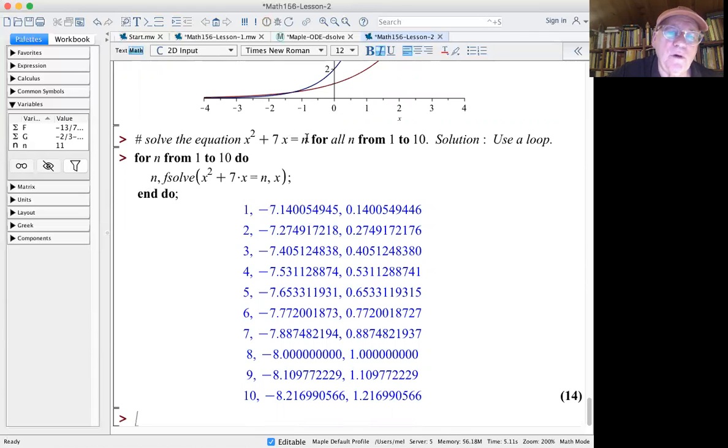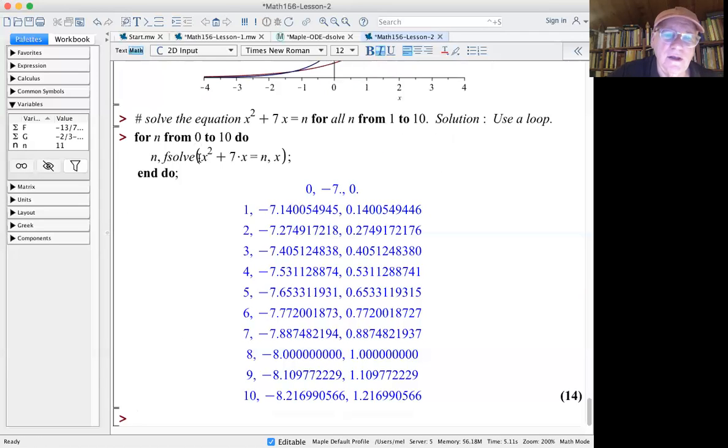So when n equals 1, it's this. Actually, let's just check. If n were equal to 0, x squared plus 7x equals 0 has solutions 0 and minus 7. So let me start this loop from 0. And I see for n equals 0, I get minus 7 and 0.